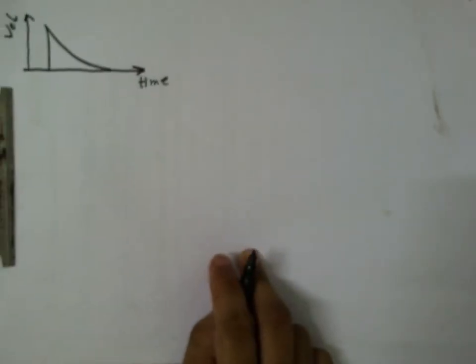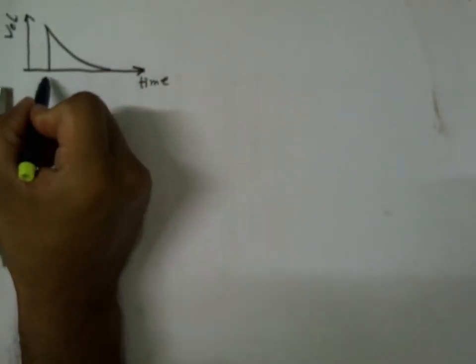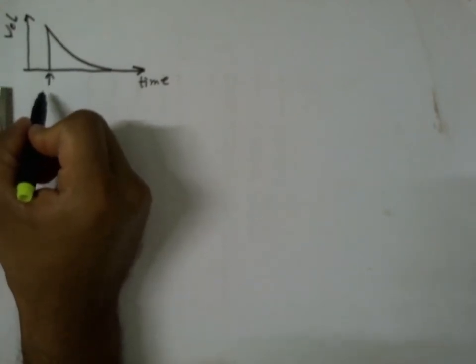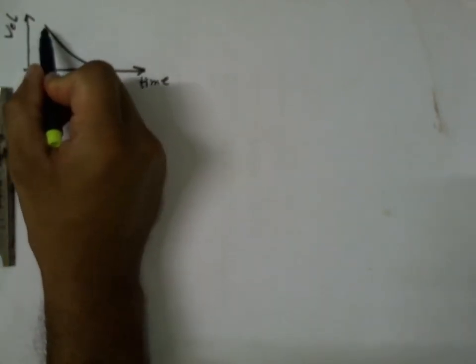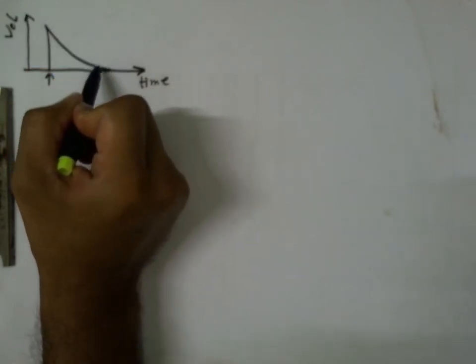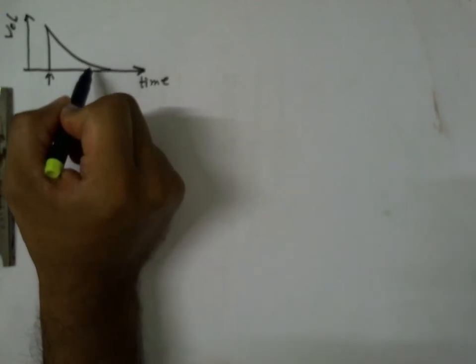Okay, and this is the instance when the rocket is ignited. So the velocity instantaneously goes up and then comes down slowly due to the opposition offered by the air friction.